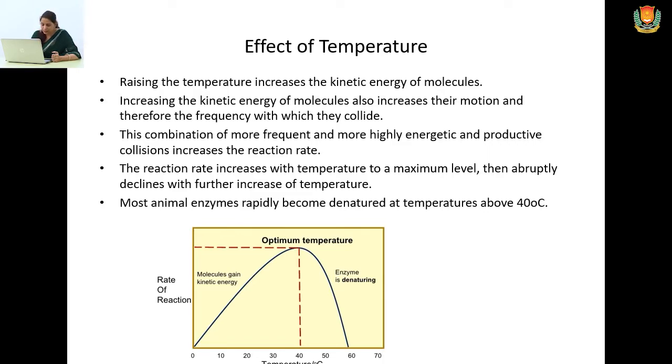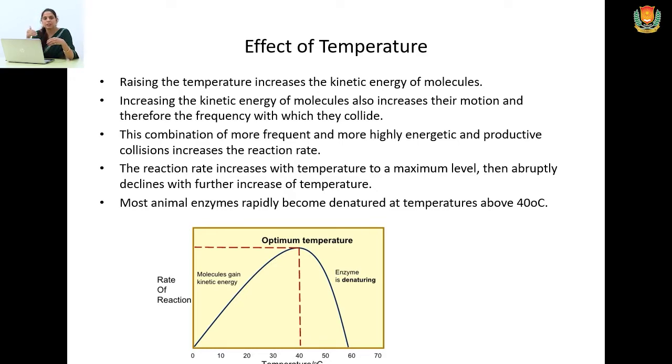Initially, increasing the temperature up to the optimum level will increase the rate of reaction. Suppose I'm going from 4 degrees to 30, 37, or 40 degrees. At 4 degrees, the collision and interaction between molecules is very low because there is less kinetic energy, so less collision.